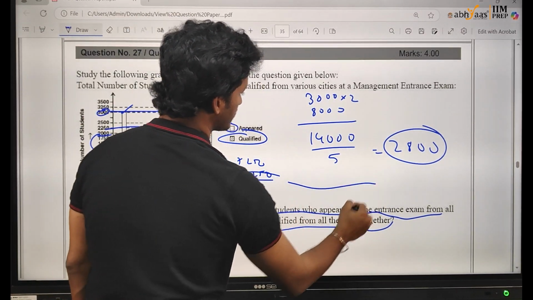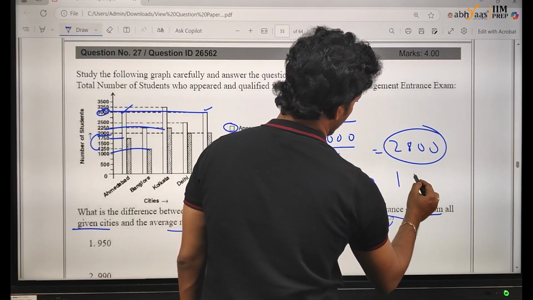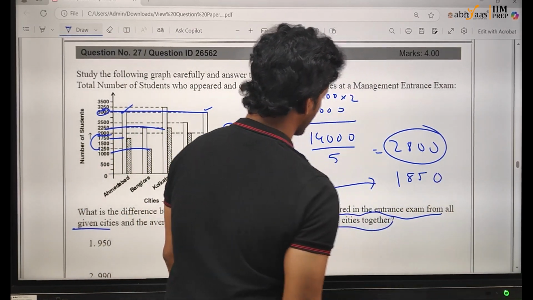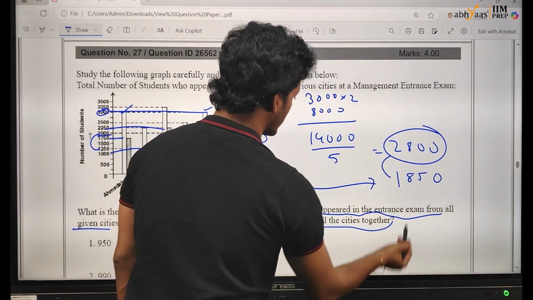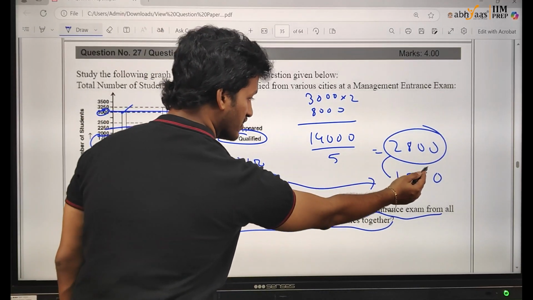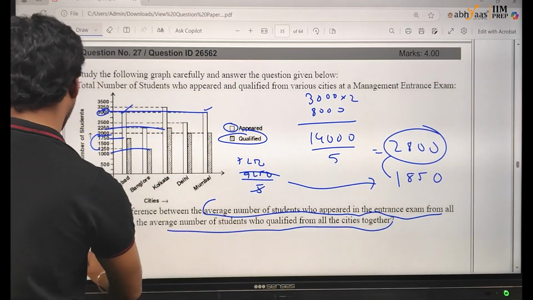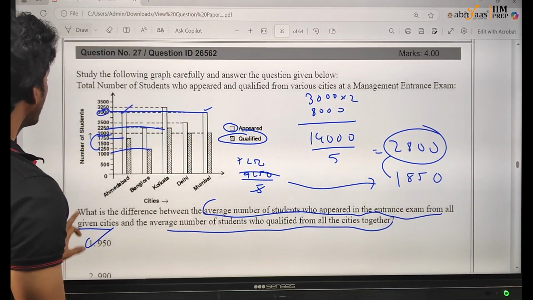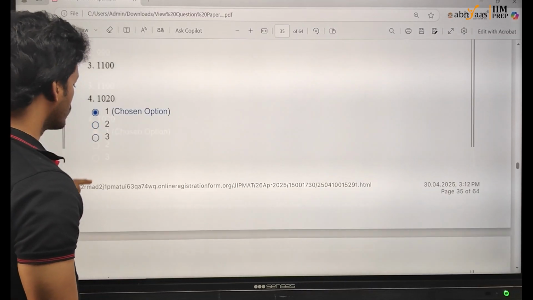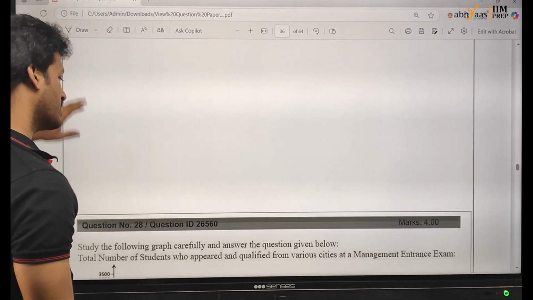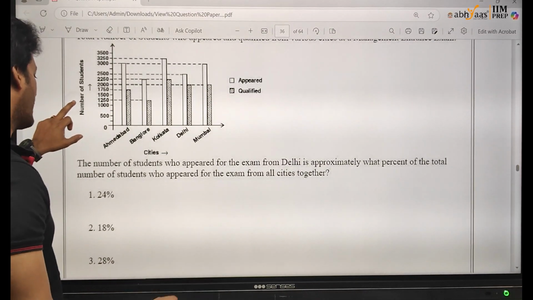The average here is 1850. The difference between these two is not exactly 1000, it is 50 less than 1000, so 950. So the answer is 950. It is calculative, but you have to do it because data interpretation is for calculation only.